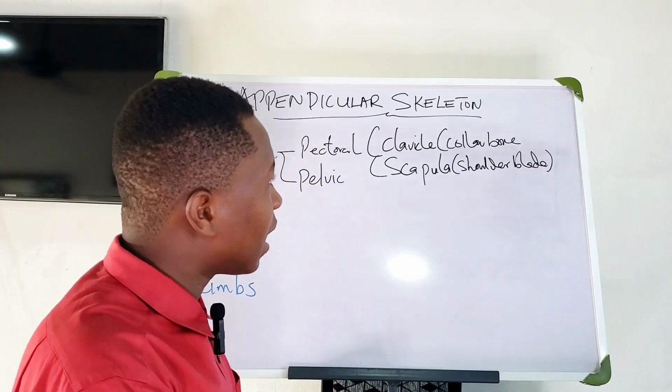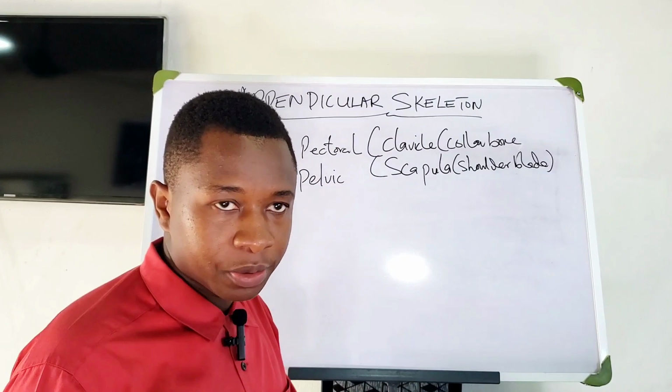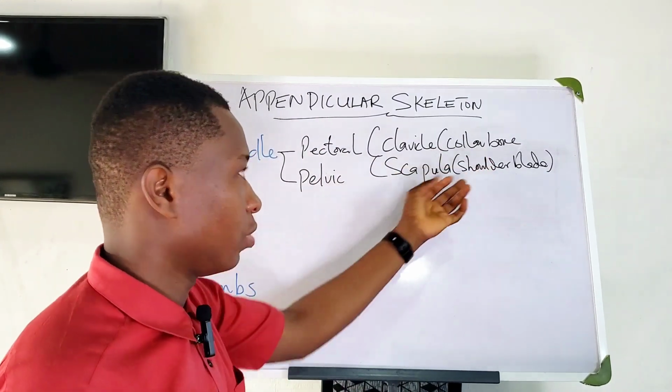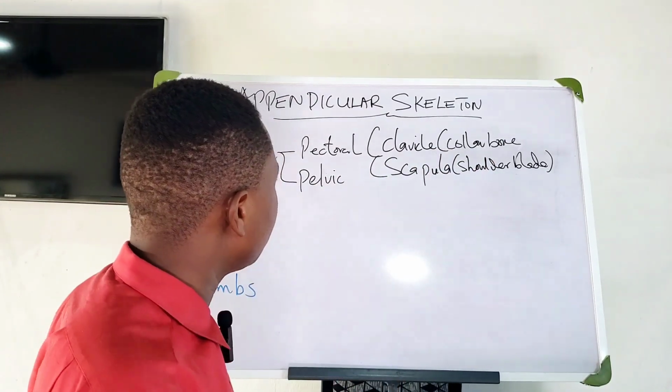So the scapula and the clavicle make up the pectoral girdle. The pectoral girdle is made up of the clavicle, which is the collarbone, and the scapula, which is the shoulder blade. So let's move over to the pelvic girdle.